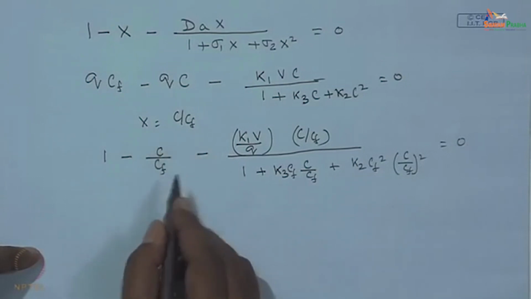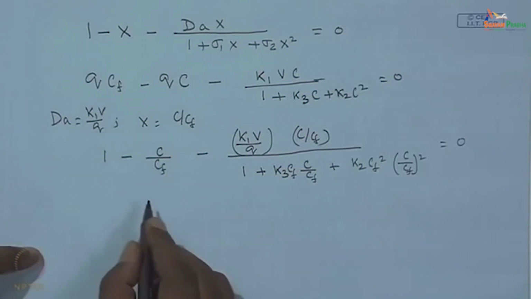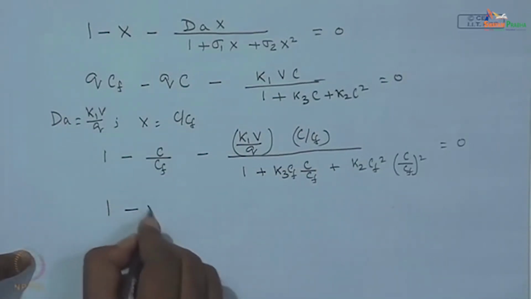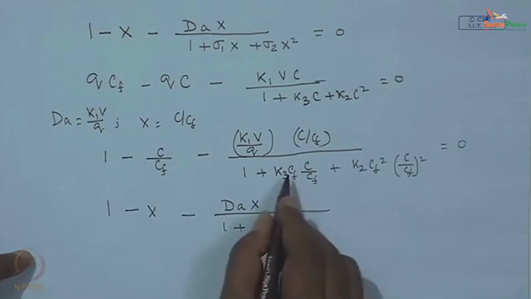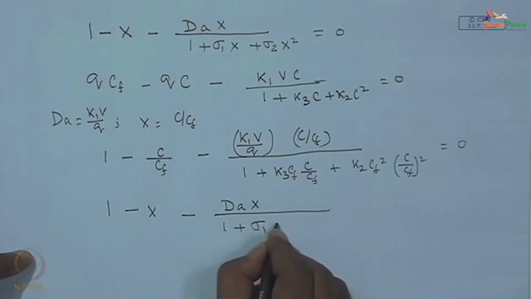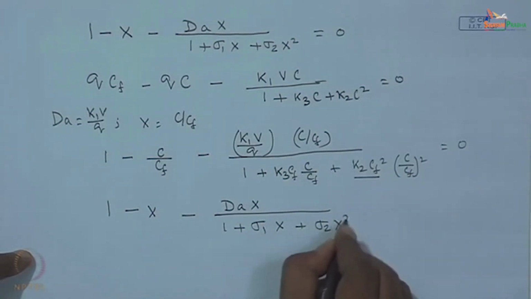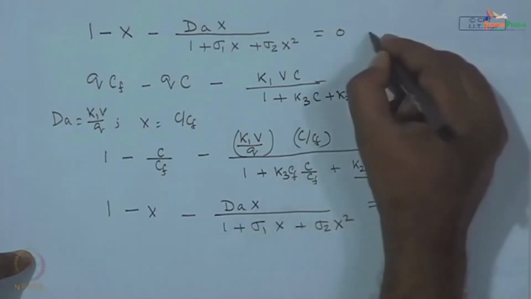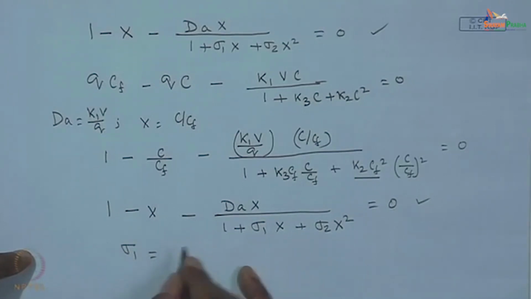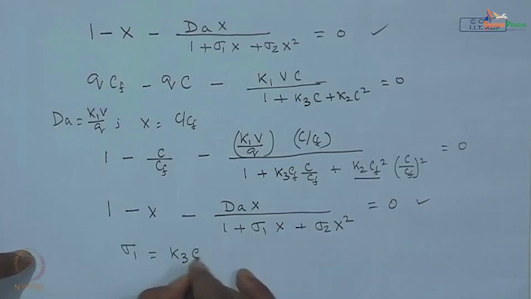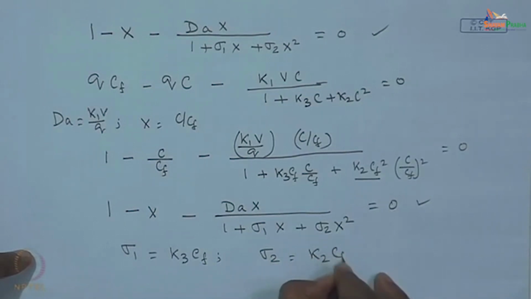Put x is equal to C by Cf and Damkohler number is equal to K1 V over Q. So, in the non-dimensional form, this equation becomes 1 minus x minus Damkohler times x divided by 1 plus, we call this sigma 1 x plus sigma 2 x square, is equal to 0. So, we end up with the same equation where the non-dimensional parameter sigma 1 is K3 times Cf and sigma 2 is nothing but K2 times Cf square.